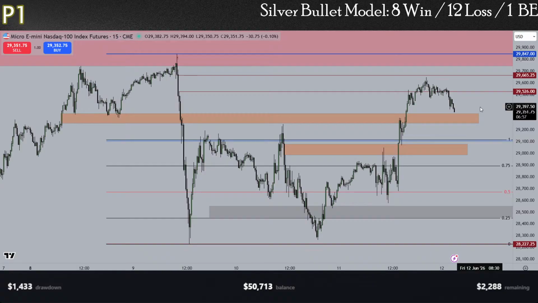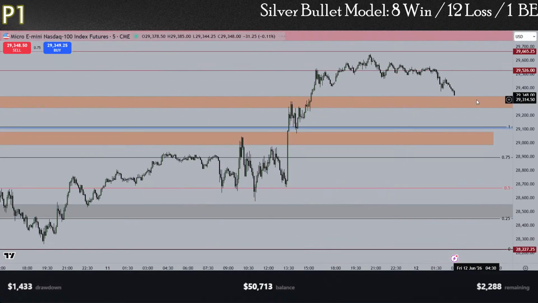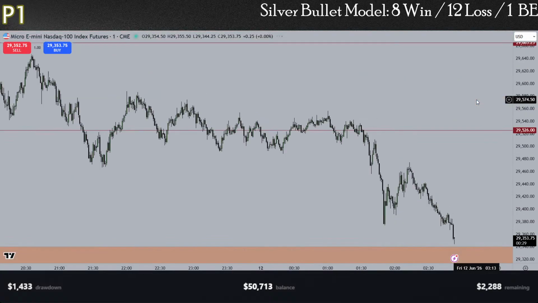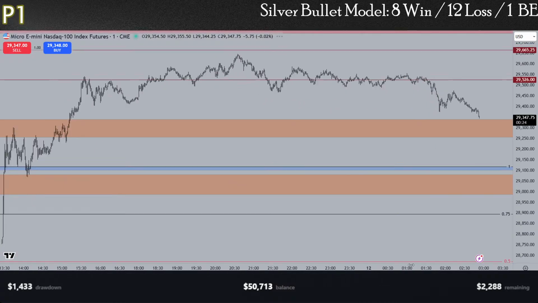I'm not sure at this moment. There's still a portion left inside of it. But definitely this inversion fair value gap here on 50-minute, I'll be interested to see how price will deliver around it, whether it offers any support, discount sensitivity.